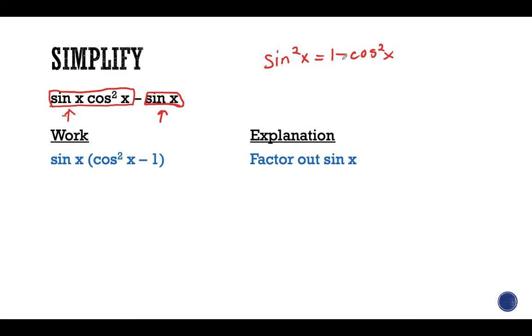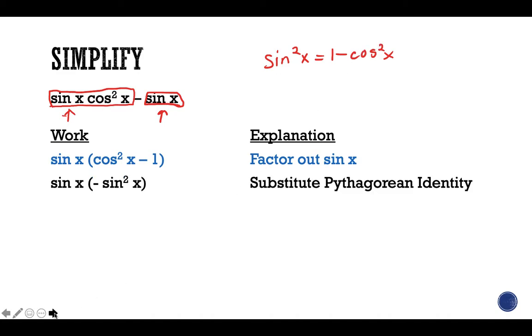That just means we switch all of these signs, and cosine squared x minus 1 must be equal to negative sine squared of x. Again, just using algebraic skills. So we're in the process of simplifying this down, utilizing some algebra skills and our identities.